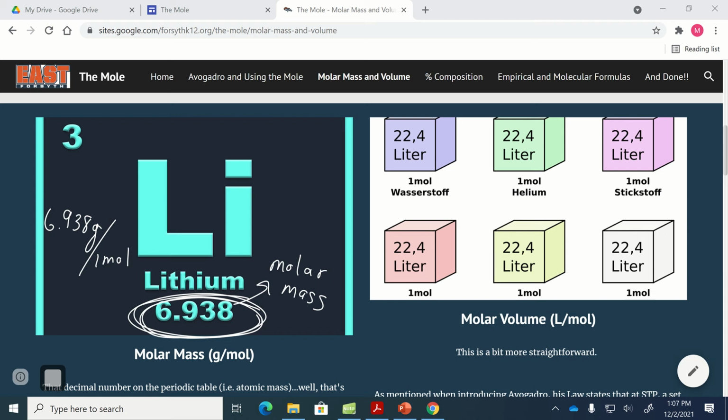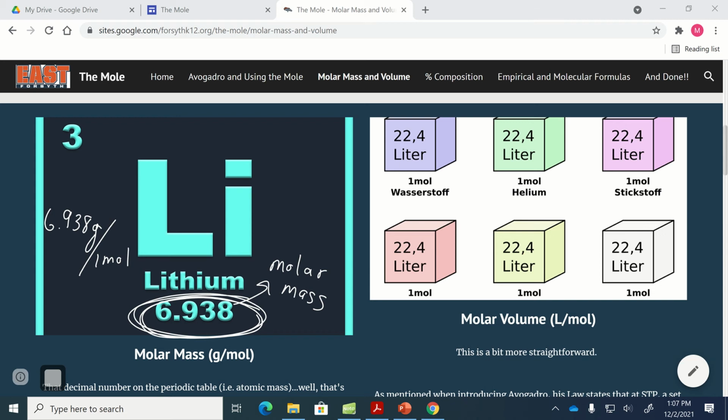I like to usually round to about 2 decimal places. Since 15.999 can be rounded to 16.00, we usually say oxygen is 16. Looking at other atoms, calcium is 40.08 and rubidium is 85.47.